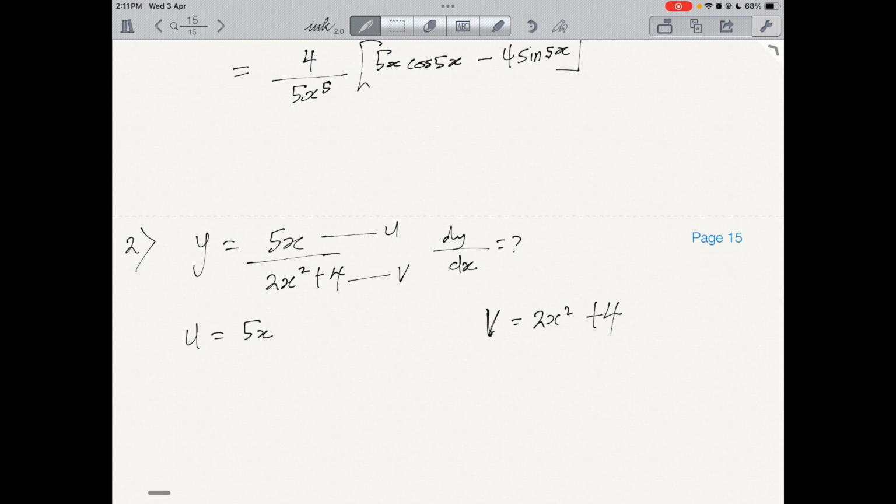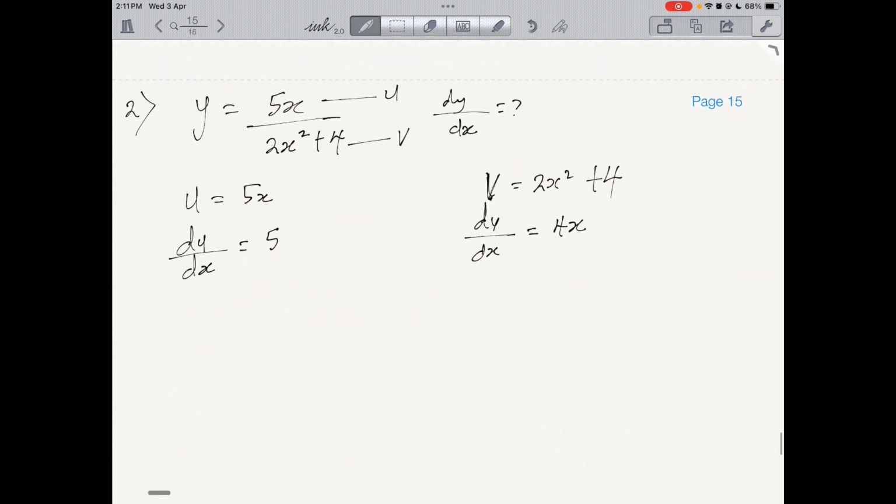Now we can differentiate. Okay, now differentiate du/dx. We will have 5. Differentiate dv/dx. We will have what? 4x. Then let's apply the formula of quotient rule that says dy/dx is equal to v du/dx minus u dv/dx divided by v squared.